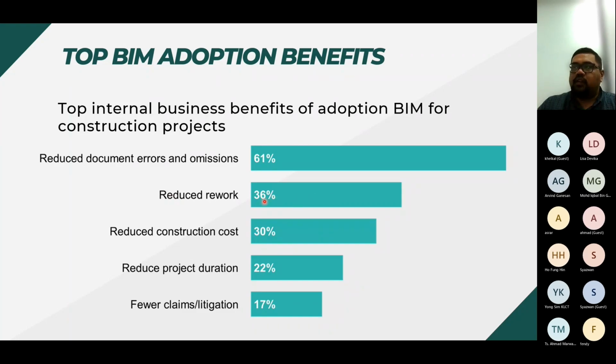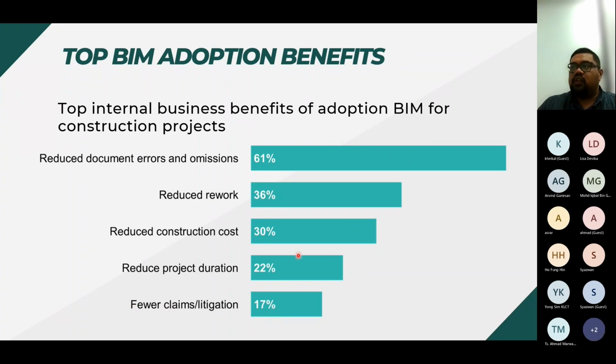Okay, so 36% is reducing the rework. Rework, I think most of you are facing this issue. The thing is already constructed on site, then after that you need to do the rework. Then reduce the construction cost 30%, reduce the project duration 22%, and fewer claims and litigation 70%.